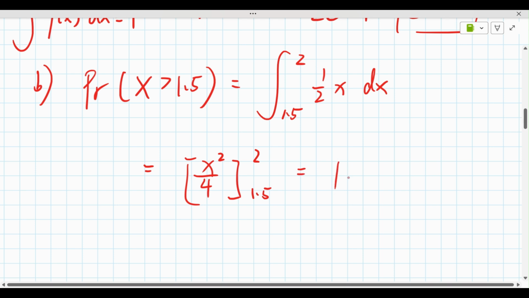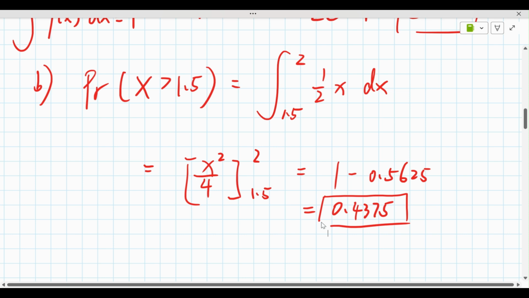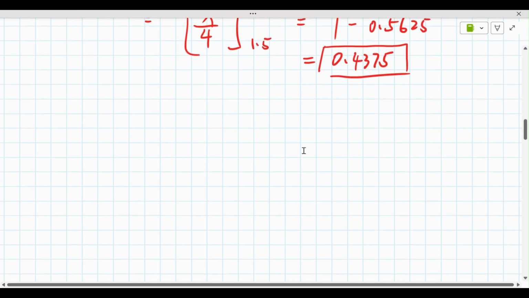So now we have 1 minus 1.5 squared, 2.25, divided by 4. Let me just quickly test that out: 2.25 divided by 4 equals 0.5625, and then 1 minus that equals 0.4375. Perfect. This is how you calculate the probability when x is greater than 1.5 but less than 2.